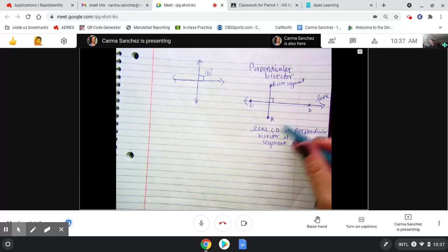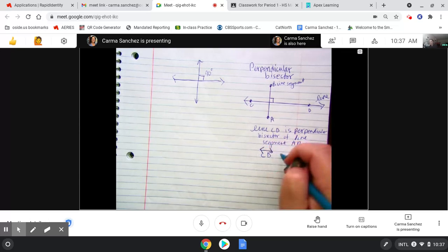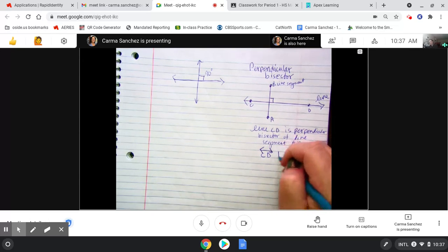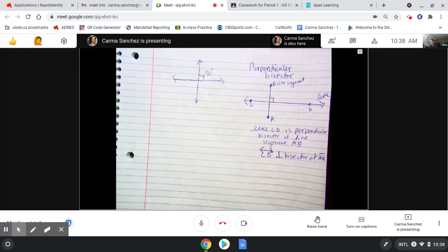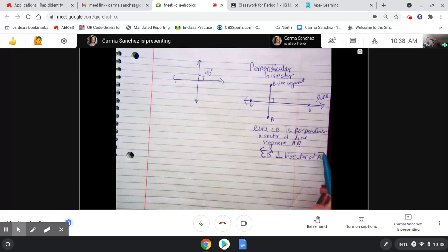How would I put that into notation? I would say CD with a line with arrows above it is the perpendicular bisector of AB with a line segment over it. So notice the line with arrows above the CD, perpendicular bisector of AB with no arrows.